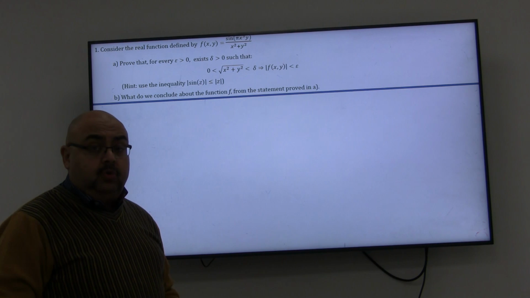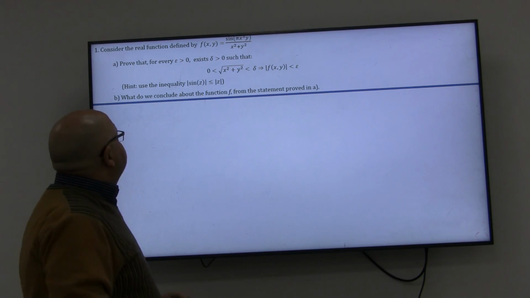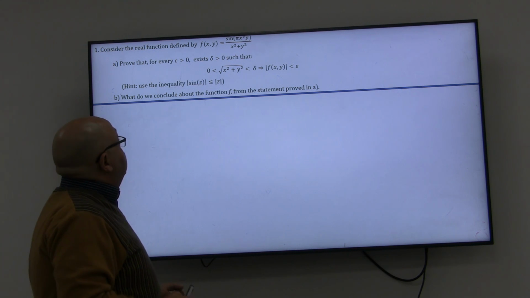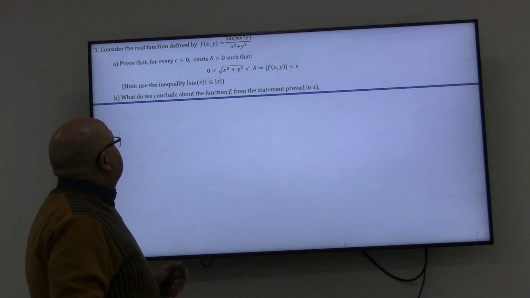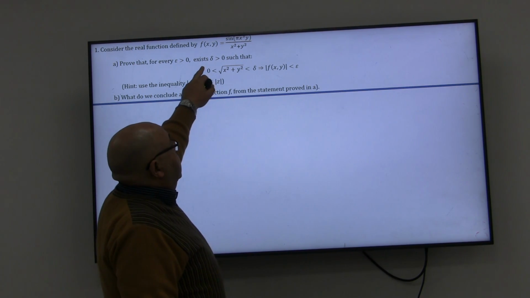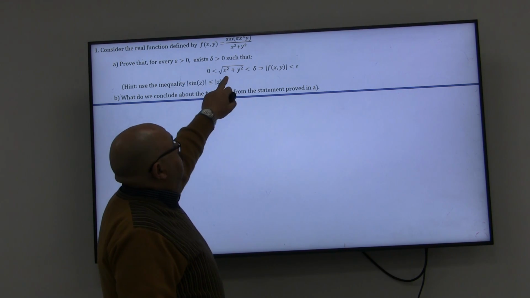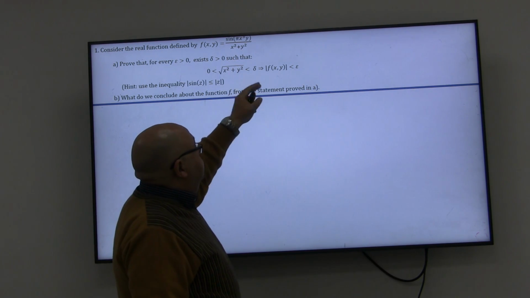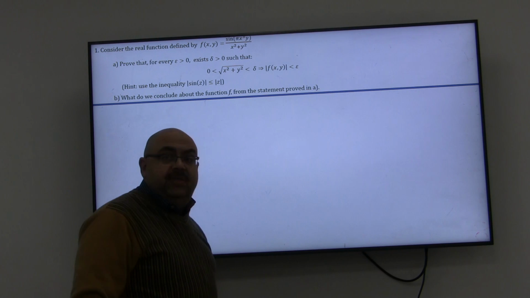He wants you to use the first principle in order to prove that for epsilon greater than 0, there exists delta greater than 0, such that the norm of (x, y) less than delta leads to the absolute value of f of (x, y) less than epsilon.